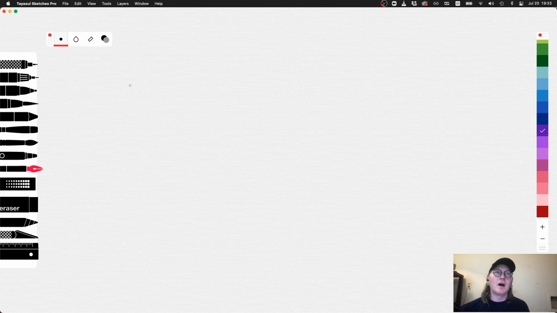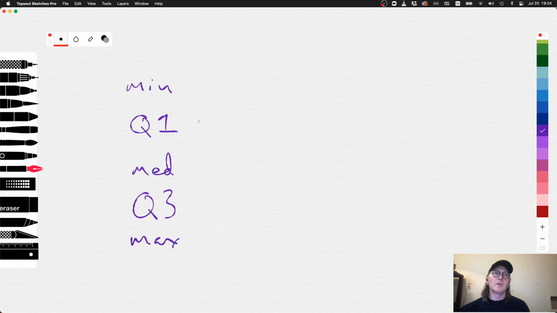We've got our min, our max, our median, Q1, and Q3. The values included in the range of the IQR are those values between Q1 and Q3. That's kind of the middle 50% of our data.